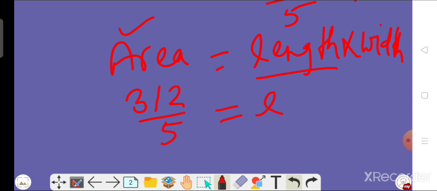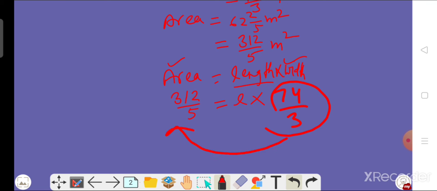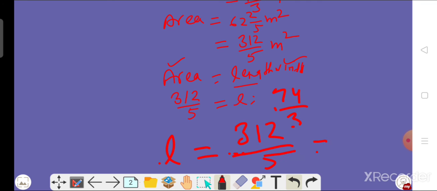We have to find the length, and the width is also given in this question, and the width is equal to 74 by 3. Okay, in the same manner, this is in multiplication. If we move this from the right side to the left side of equality, the sign will change into division. So length is equal to 312 by 5 divided by 74 by 3.